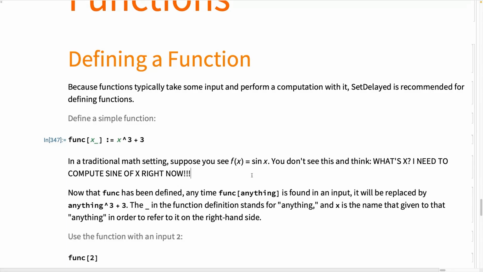When you see that, what it should signal to you internally is, okay, in the context of this part of the problem or textbook or whatever it might be, if I see f of something, I'm going to take sine of that something.